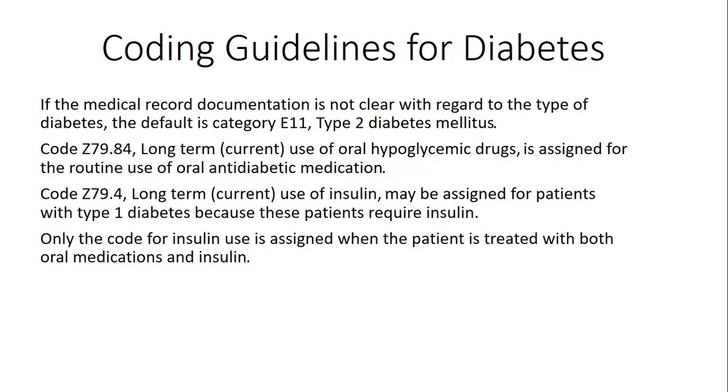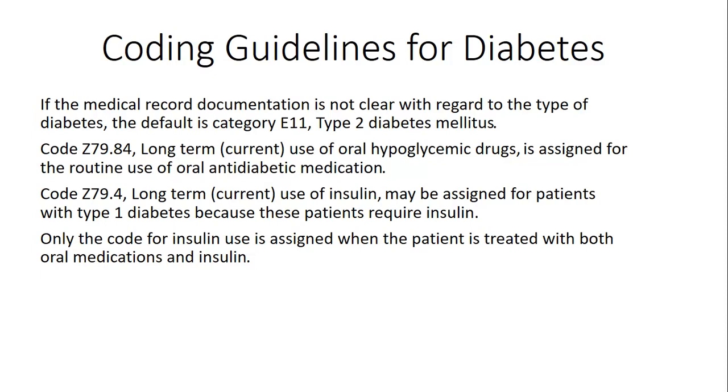And for long-term use of insulin, there is another code, Z79.4. It is mainly used for type 1 diabetes patients because they require insulin regularly, since the body is not able to produce insulin.